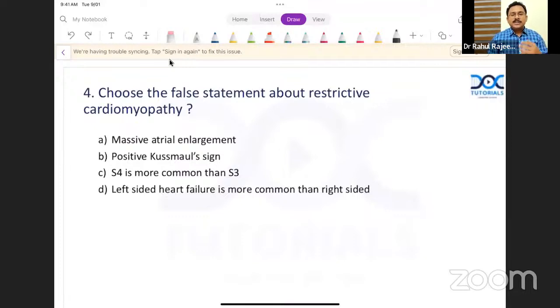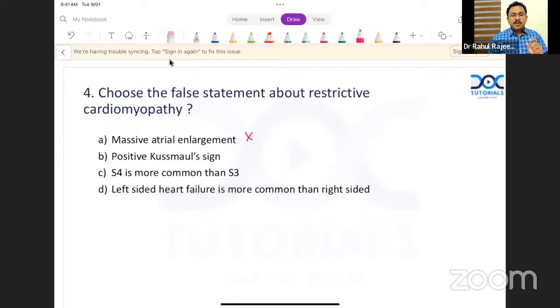What is the response of the atria to resistance? Is it usually hypertrophy or dilatation? It's more often dilatation than hypertrophy. So restrictive cardiomyopathy can produce massive atrial enlargement. Remember, this is often massive, much more than other types of cardiomyopathies. So the first option is not going to be the answer, because it is a true statement.